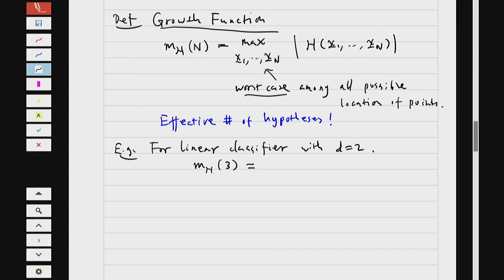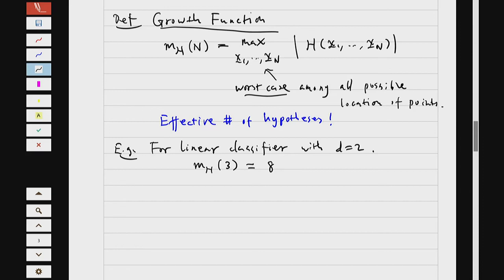The worst case is 8. We already have an example with 8, and 8, 2 to the power 3, is the maximum you can get. Therefore, we know the worst case must be 8.